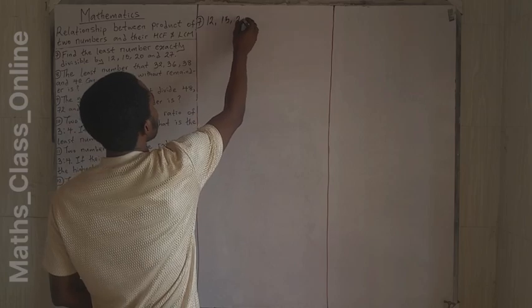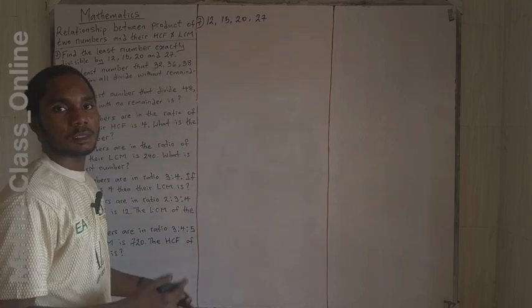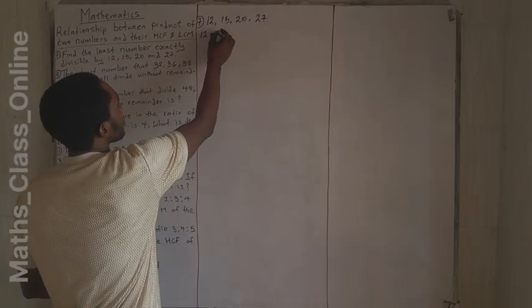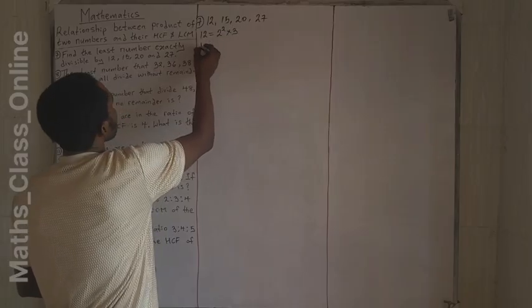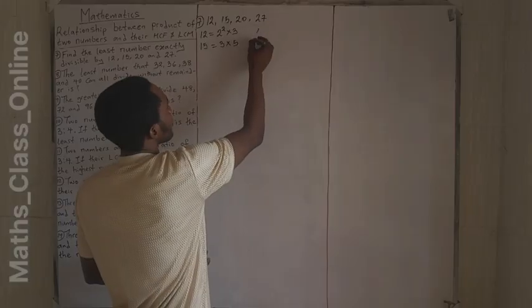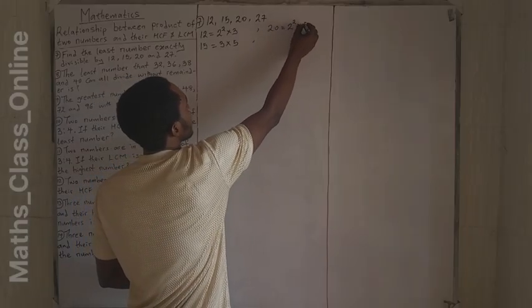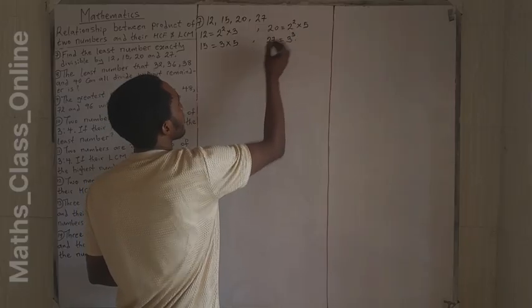Now let's write these numbers as the product of their prime factors. 12 is equal to 2 raised to the power of 2 times 3, 15 is 3 times 5, 20 is 2 raised to the power of 2 times 5, and 27 is 3 raised to the power of 3.